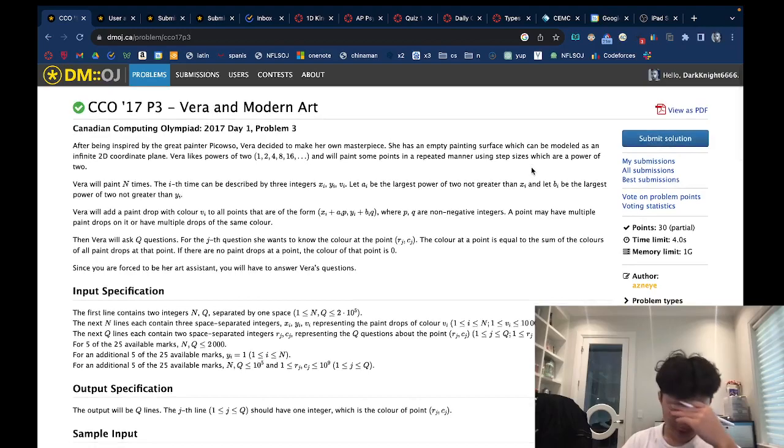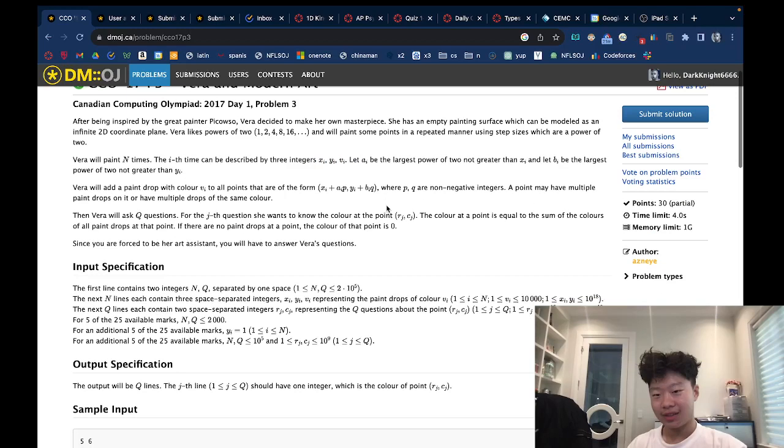Okay, so you're on an infinite 2D plane, right? And you're given these coordinates, and each one would add a paint drop of color or of value v to all points in the form of x plus a^i, y plus b^j, where i and j are non-negative integers, right?